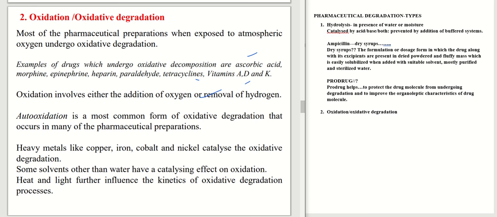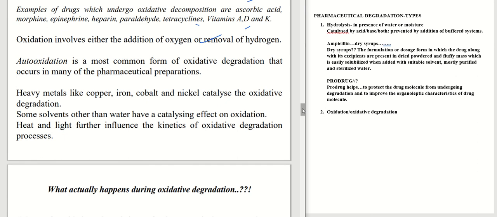Now let us see how we can protect the drugs from undergoing this kind of degradation. For this kind of degradation, the presence of heavy metals plays a major role. As we all know, most of the heavy metals act as catalysts for these kinds of reactions.